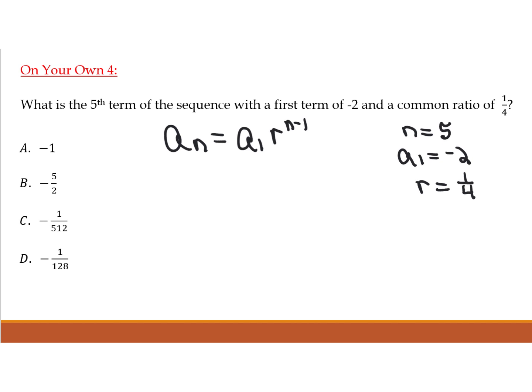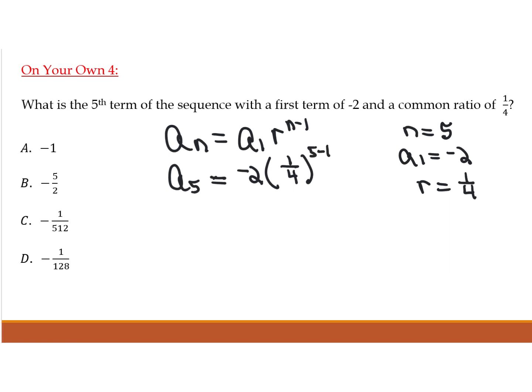So I'm going to plug that information in. I have a sub n, and n is 5, which means I'm looking for the fifth term, is going to be equal to a sub 1, which is -2, times r, and r always goes in parentheses, to the n, which is 5 minus 1 power.